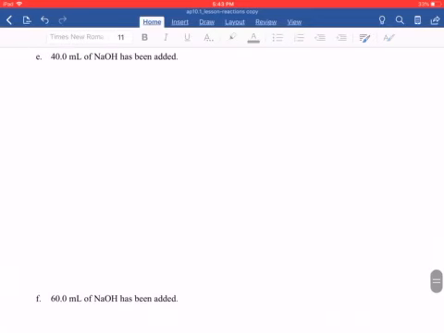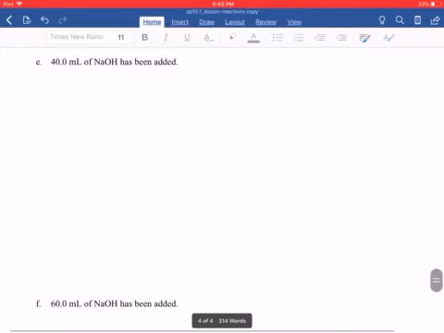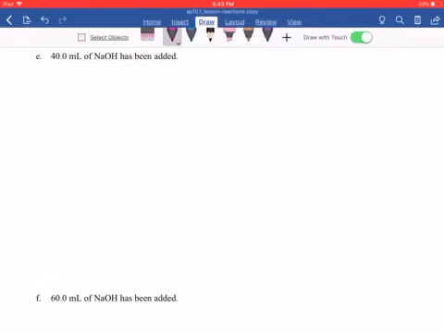The last two are 40 milliliters and 60 milliliters, and then we're going to sketch the graph. For 40 milliliters, we are going to start off the same exact way: the moles, the ice table, and then see where it goes from there. Our moles of acetic acid, same as before, 0.04 liters, my bad, sorry.